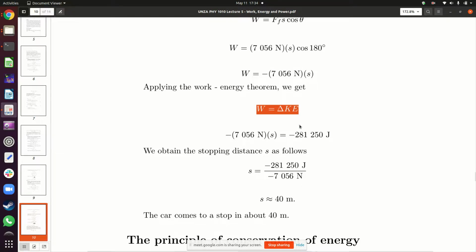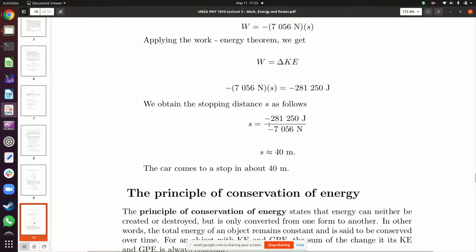So in this case, you end up having minus 7,056 newtons multiplied by s, which is the displacement, equals minus 281,250 joules. There's a negative on both sides, so you divide both sides, and you end up having s equal to minus 281,250 joules divided by minus 7,056 newtons. So this is going to give you a distance of approximately 40 meters.